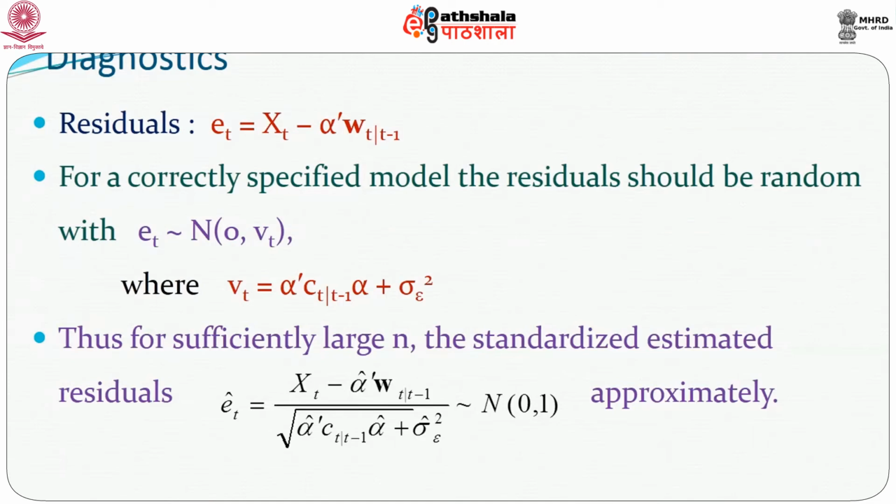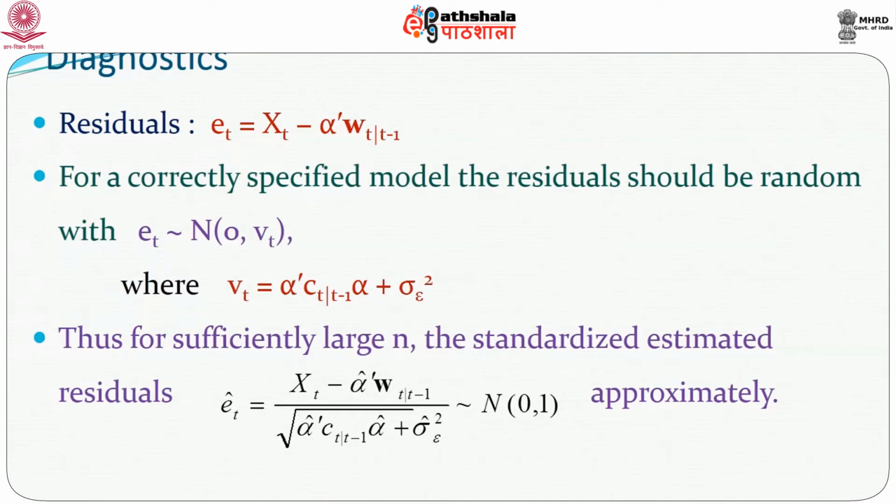Remember that in this case you can see that in the numerator we have Et, and in the denominator we have the standard error or the standard deviation of Et. But in this case, the parameters would be unknown, therefore, we are taking the estimated values of alpha and sigma epsilon square, and that gives us the estimated residual, which is standardized by the standard deviation of epsilon t.